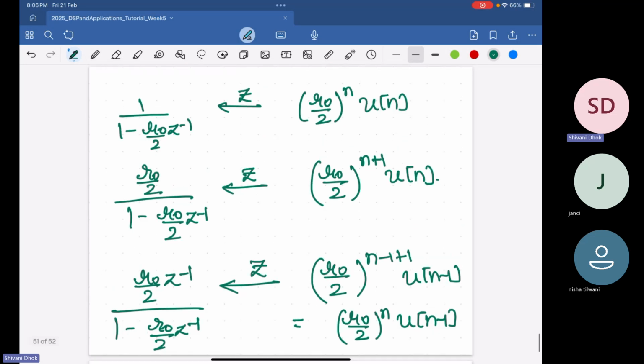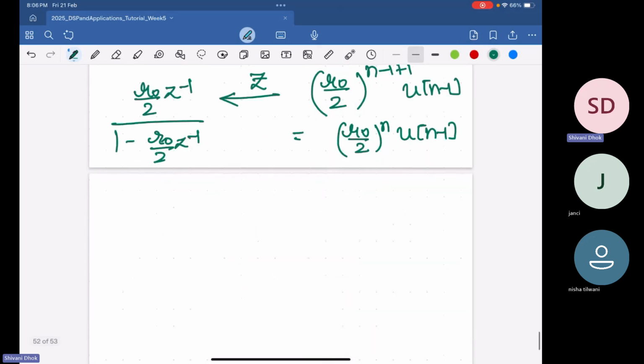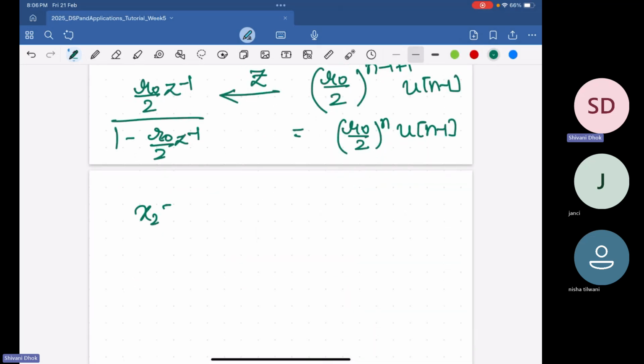So what do we have? We have x2 of n as r naught by 2 to the power n into u of n minus 1.